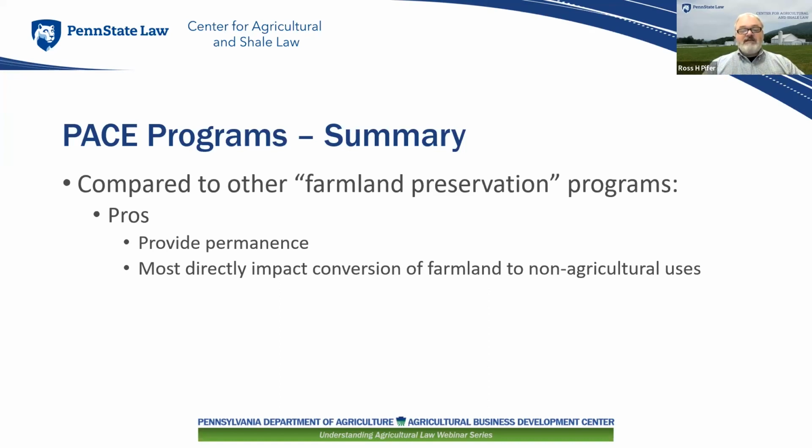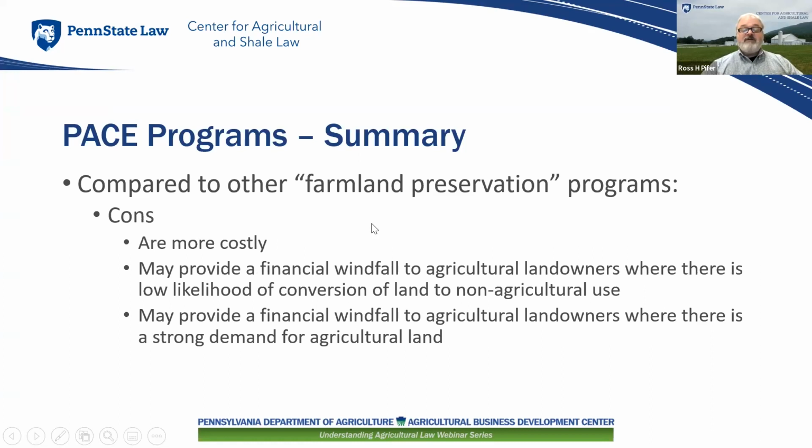There is a permanent easement that is limiting non-agricultural development. Clean and Green doesn't do that. And in other states, preferential tax assessment programs don't do that. They provide an incentive. In Pennsylvania, we have rollback taxes: if you develop that land, you have to pay the tax benefits back, but it doesn't prevent you from developing that land. These programs do. These programs prevent the development. So that is very much a benefit of these programs.